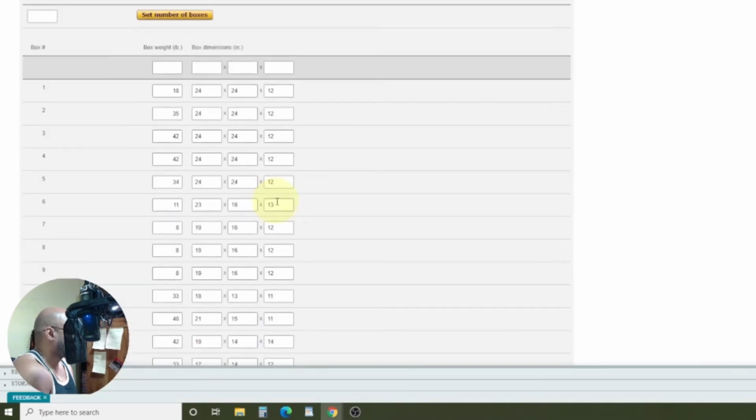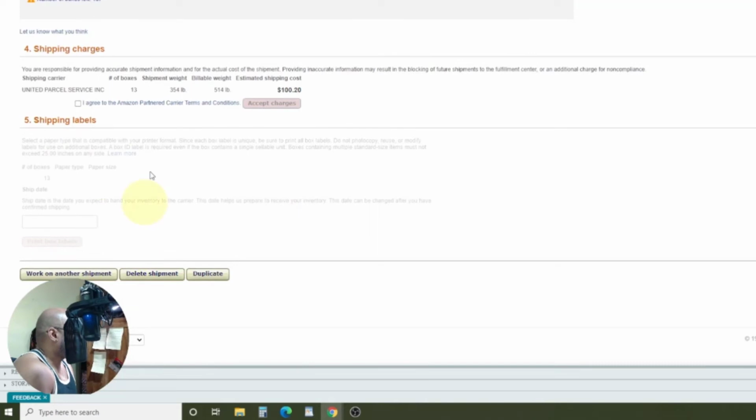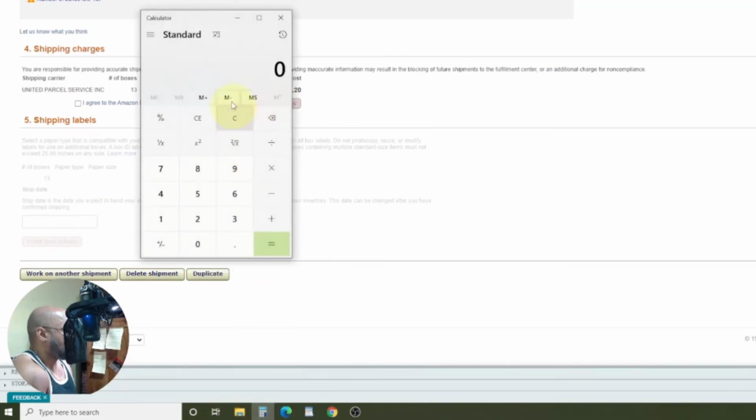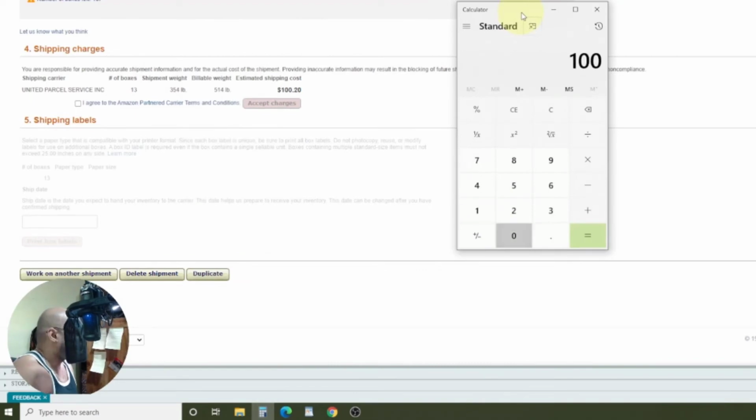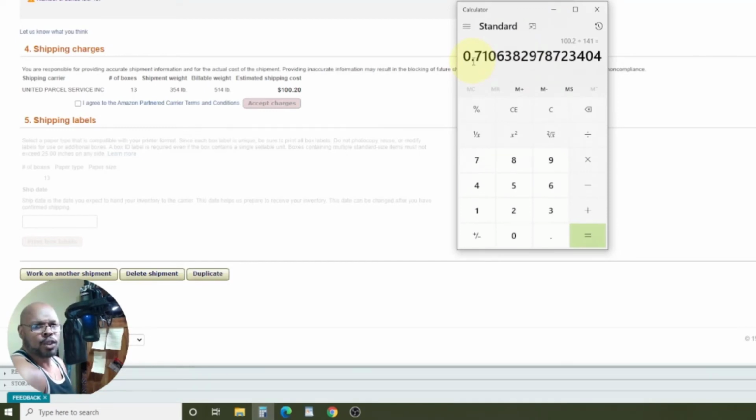And when we calculate, that's going to cost us $100, right? $100.26 divided by 141 units that we're sending in. So it's going to cost me about 71 cents per unit. A lot of times you can do better than that. A lot of times I may only pay 30 cents, 35. It just depends. But I had some heavy stuff.